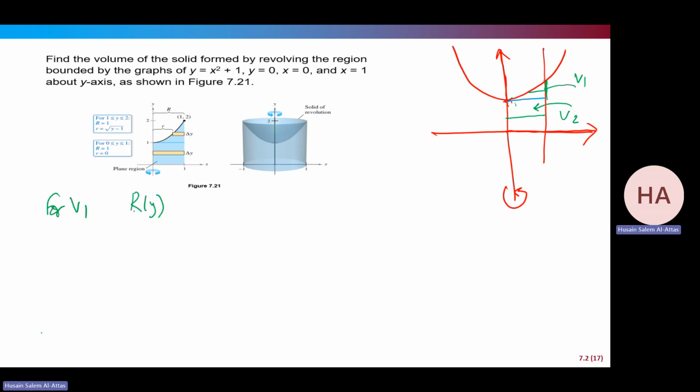R of y for V1 equals 1, and for the small one, everything is in terms of y. The small one, I have the square root.